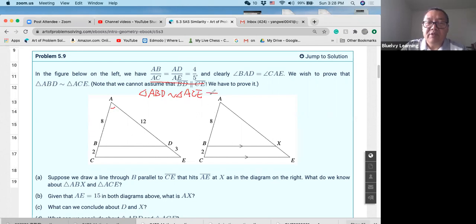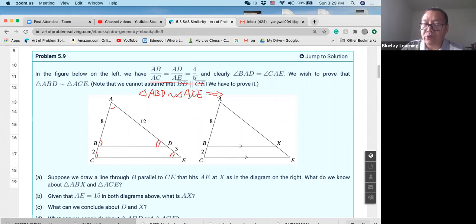Then from this, we can get angle ABD equals angle ACE because these two angles are corresponding angles. We can also get angle ADB equals angle AEC. We used that these two angles are congruent from the similarity of these two triangles.